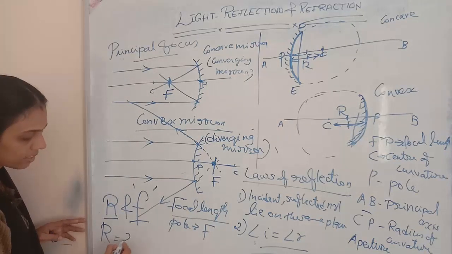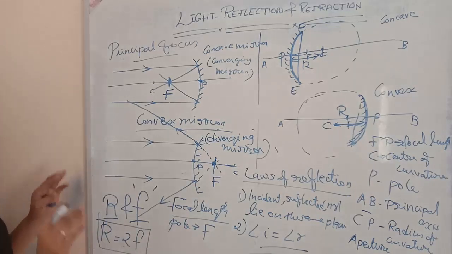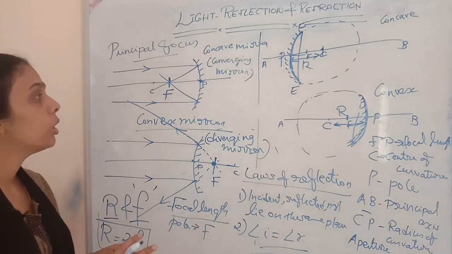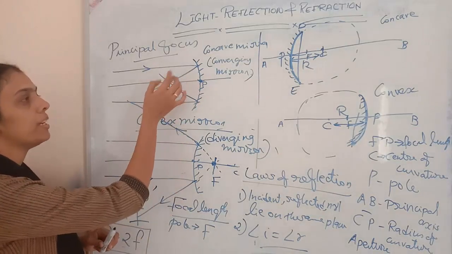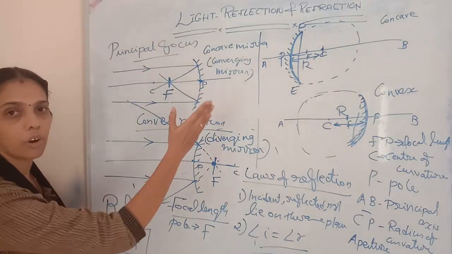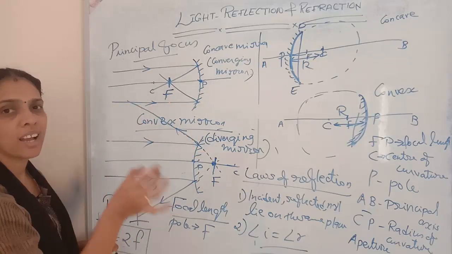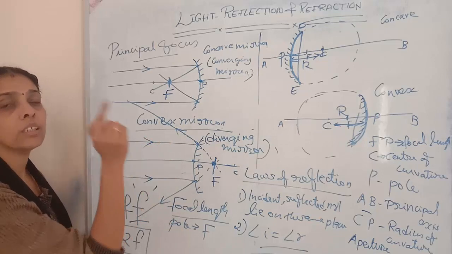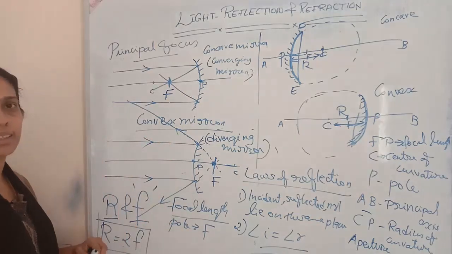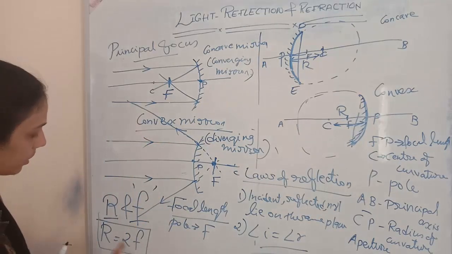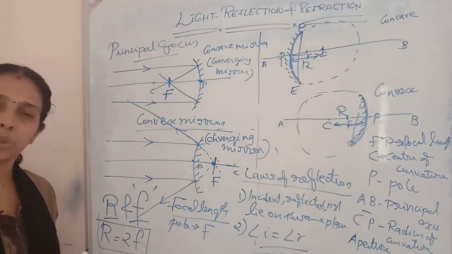R equals 2f. This is the formula. So while you are drawing the diagram also, you should consider it will be exactly at half of C and P. Suppose you are taking it as 4, exactly at 2 centimeter, you should mark the principal focus. So the formula is R is equal to 2f.